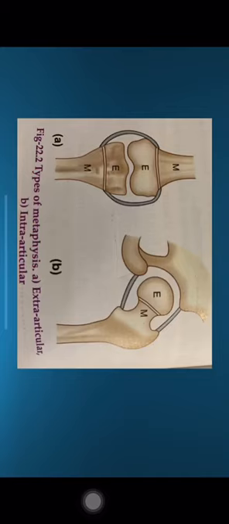So A is extra-articular. Whenever the metaphysis is involved, the pus can't reach the inside of the joint, so it is extra-articular. Whenever acute osteomyelitis occurs, it occurs as the extra-articular type.